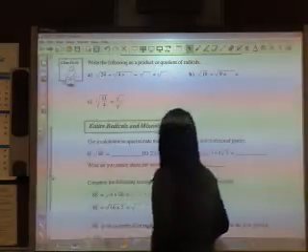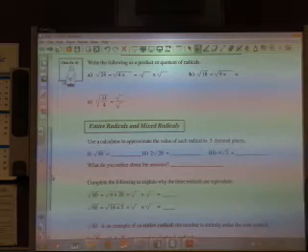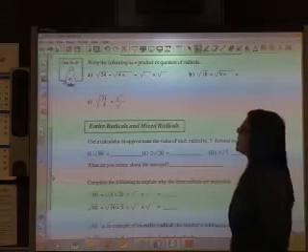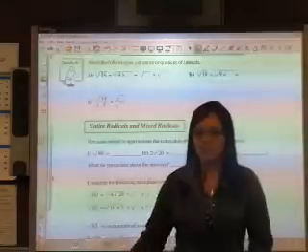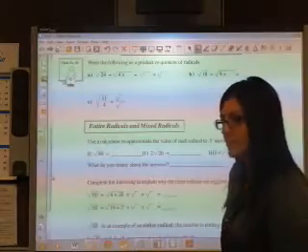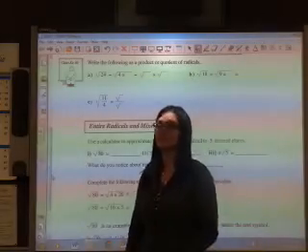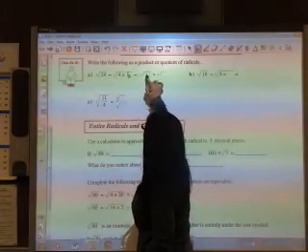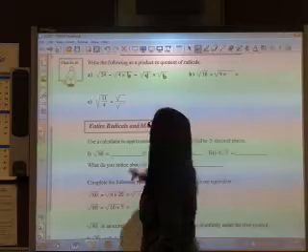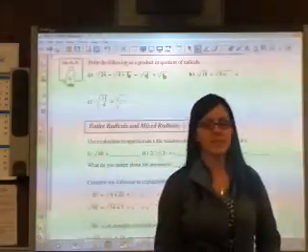So if we look at class example number 1, write the following as a product or quotient of radicals. So if I take the square root of 24, and I write it as the square root of 4 times 6, and then I can split it up, the square root of 4 and the square root of 6.